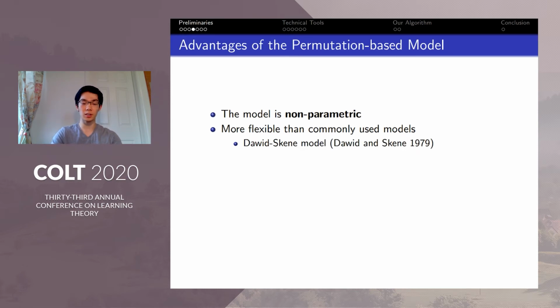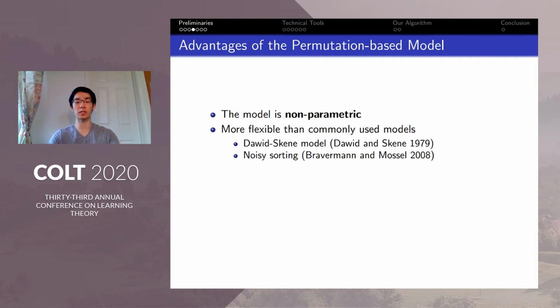For instance, the Dawid-Skene model in crowdsourcing assumes that the matrix of workers and tasks is rank 1, which is much more restrictive. And in noisy sorting, there is a commonly studied model, say in Braverman and Mossel, where they assume that each comparison gives the correct answer with 2/3 probability and the incorrect answer with 1/3 probability.